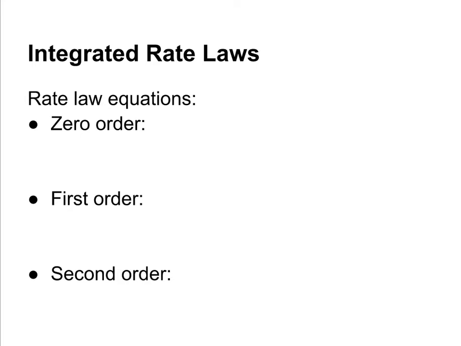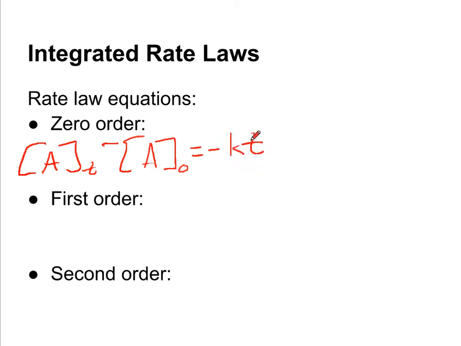Unfortunately, we don't have simple, easy equations to remember for integrated rate laws. The rate law equation for a zero order reaction is the concentration of reactant A at time t minus the concentration of reactant A initially, that's a minus sign, is equal to the negative rate constant times time.